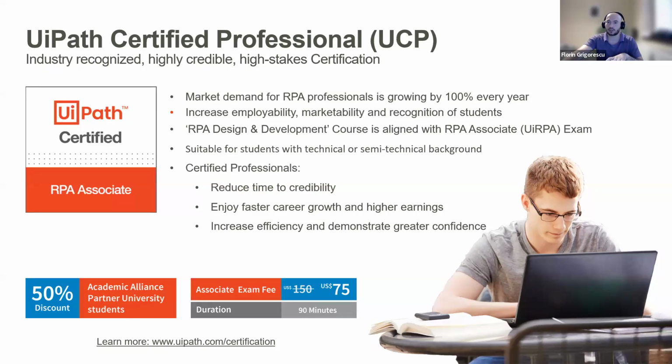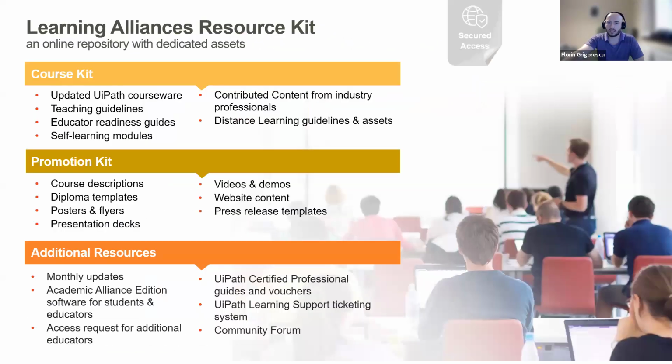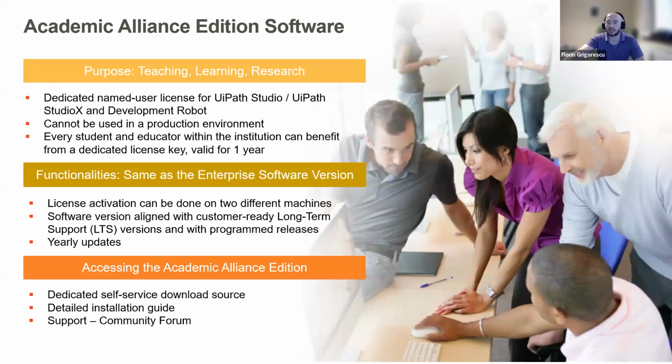So having even the associate developer, which is basically the first level of certification that you can have as a developer, will set you up for success in any company that respects itself and implemented RPA as a technology. I think that's about it about Academic Alliance.